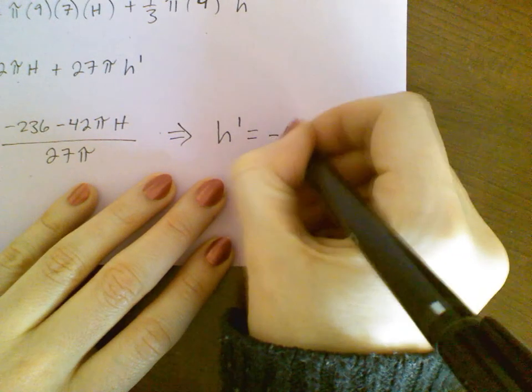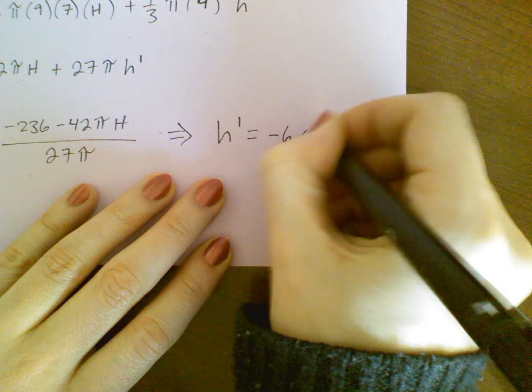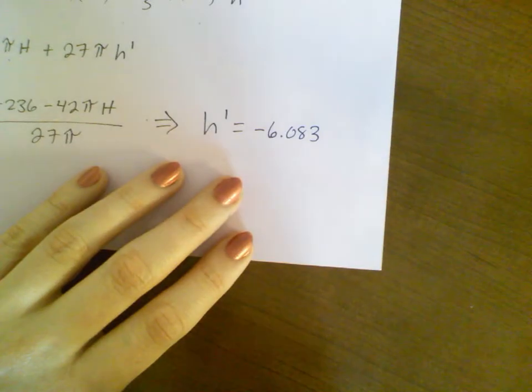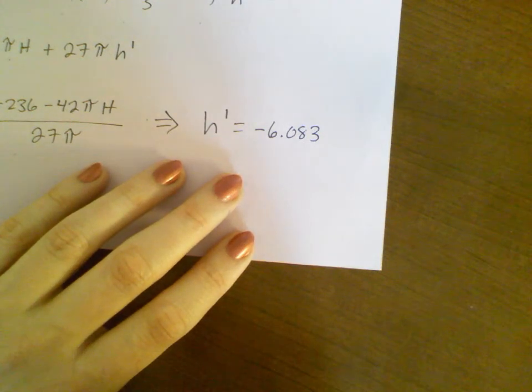We get negative 6.083. And now a height is a length, so it's going to be meters per minute.